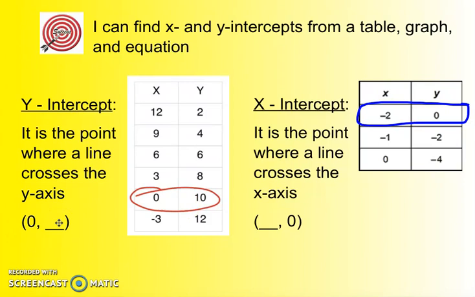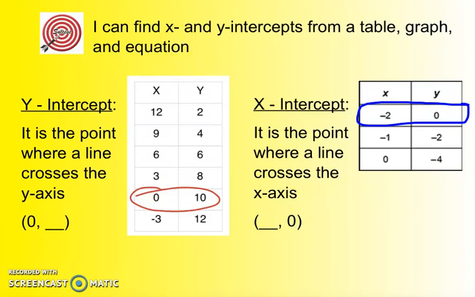An x-intercept is where the line crosses the x-axis. And so we see a number because it tells us where it's crossing the x-axis. And then we always have the y-coordinate is 0 because we're not moving up or down. We're staying on that x-axis.